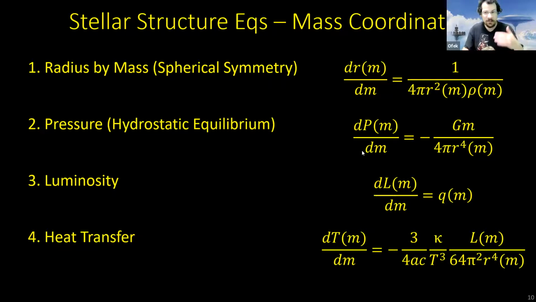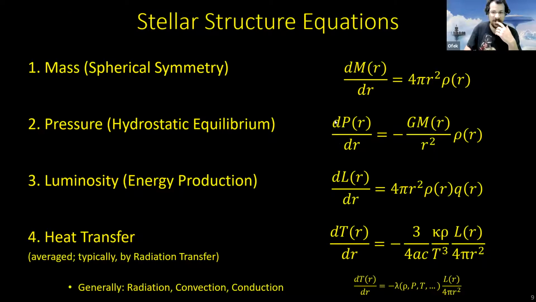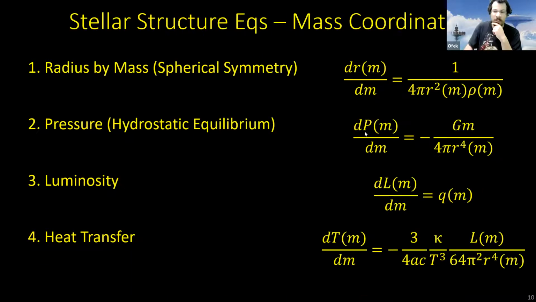Carrying through that change of variables, that is, replacing every d/dr by d/dm times dm/dr, we find the dP/dm equation is now a little simpler. There's no longer rho on the right-hand side. The reason there's no rho is because rho, as we see from the top equation, is part of the ratio of differentials.